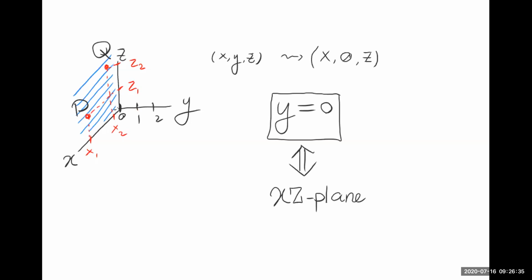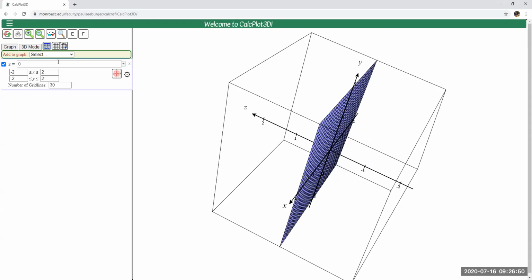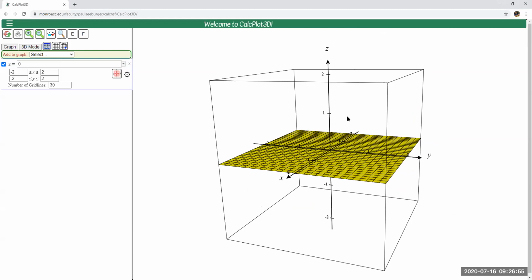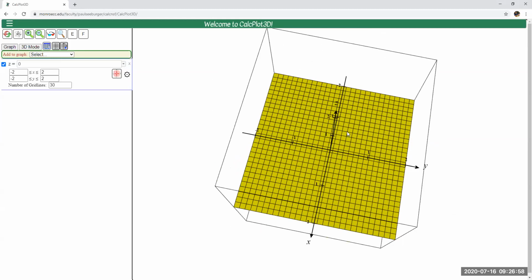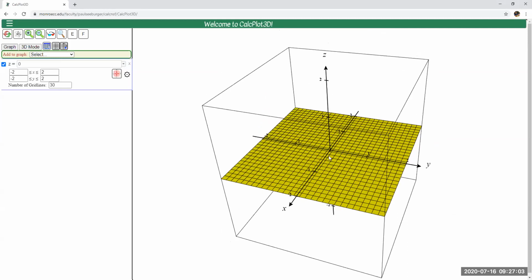We can try that here too. So here, if I let z to be equal to 0, I would get this xy plane. You see, maybe this is the better angle. Here we have x. I think you see my mouse pointer.